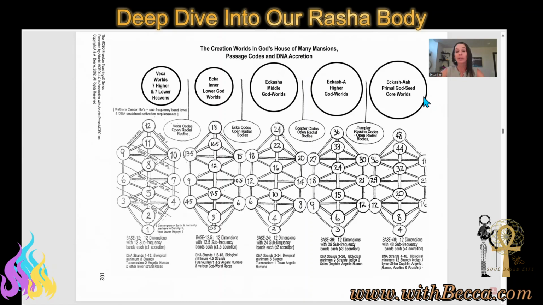Now, as we work with a lot of these materials, we're already working with information that is actually far beyond even some of these, but it's important for us to know our stair step energies. So part of our stair step, as we start to work with these energies of the core worlds, we want to recognize that as we work with the higher God worlds and even the Akasha, well, the higher God worlds is going to be kind of that connection to the Unisai, to the Yanas, if you will.